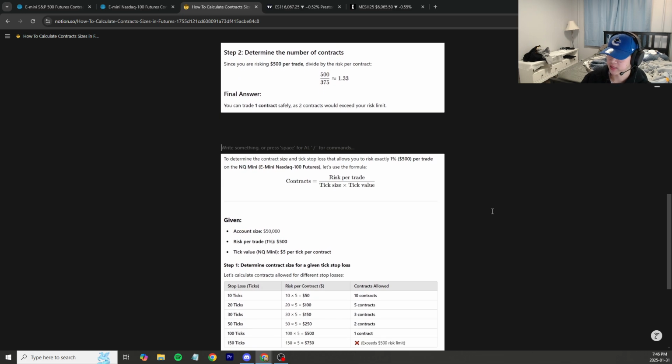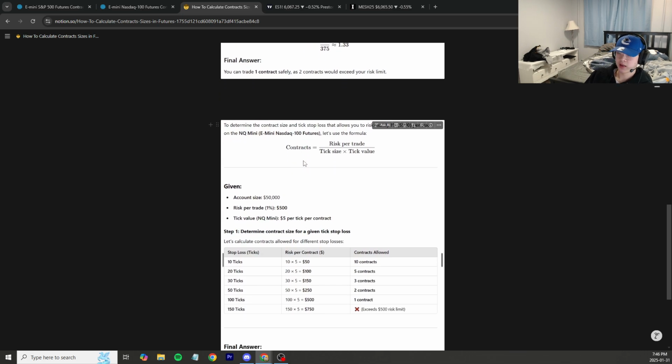Let's go to our next example, which is we are going to be trading on NQ minis now. Same thing applies, but the only thing that has changed is the tick value, because we are not trading ES mini, so we have to find the tick value for NQ mini.